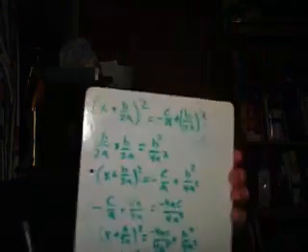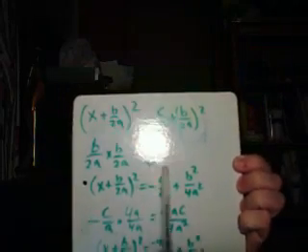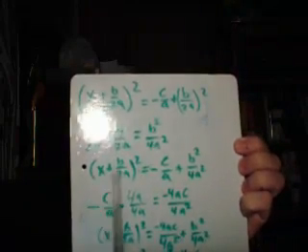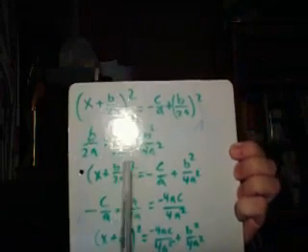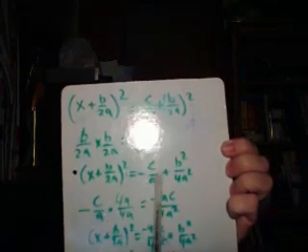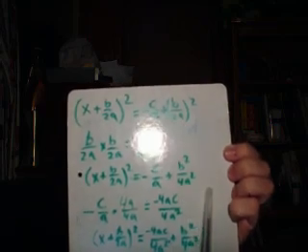In other words, b squared is going to be your numerator and 4a squared is going to be your denominator. So now your equation looks like this: x plus b over 2a, squared, equals negative c over a plus b squared over 4a squared.